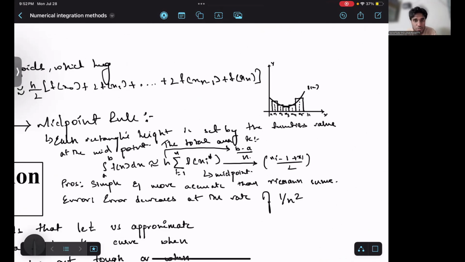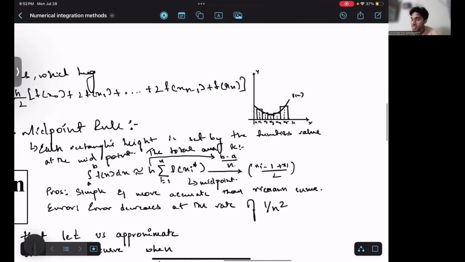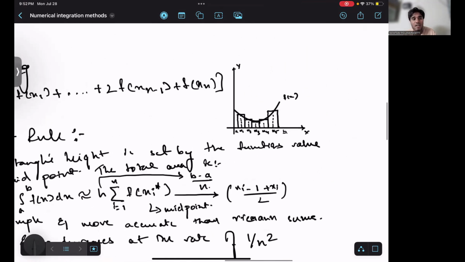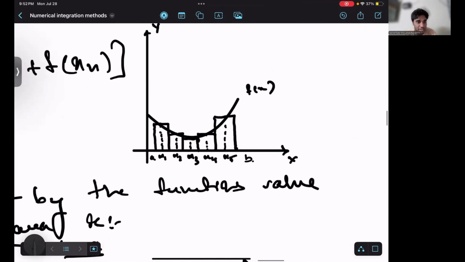Let's look at the midpoint rule. This uses the midpoint of each interval. For example, just like the Riemann sum, we divide our main interval a, b into subintervals based on the number n.